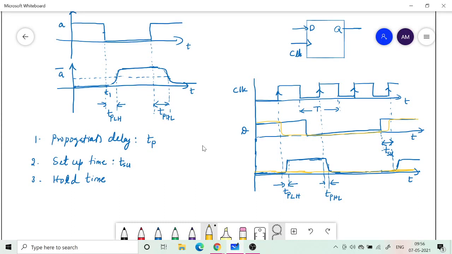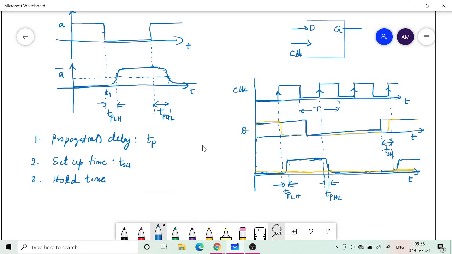Okay, the reason why it did not work here is because we immediately changed the D input just after the active edge of the clock is gone. There should be a minimum time we need to maintain.